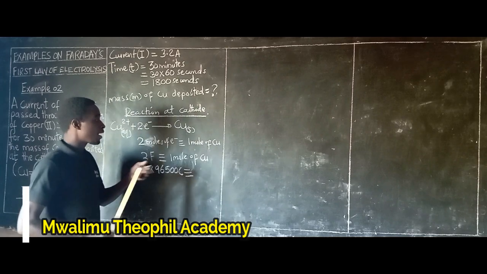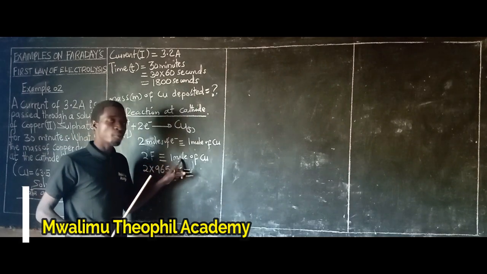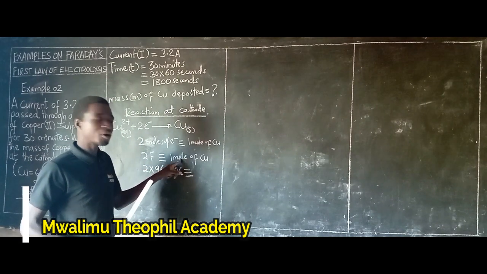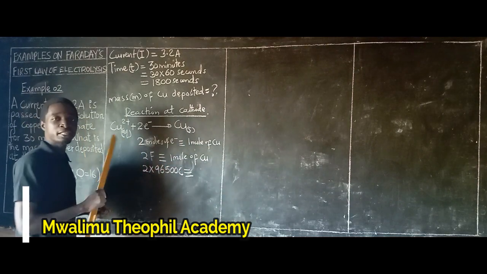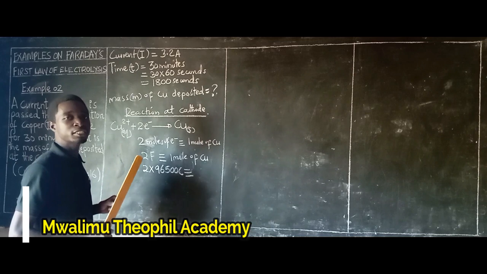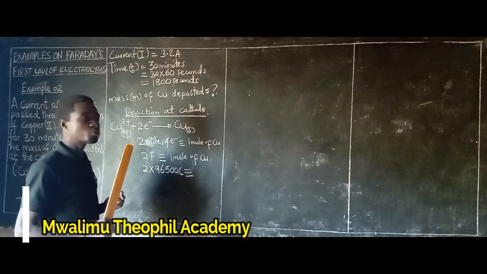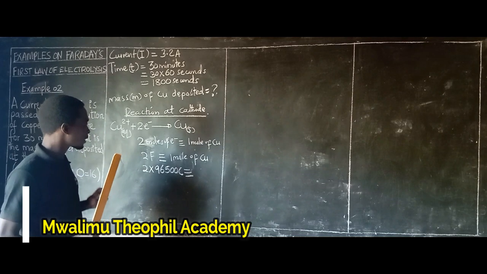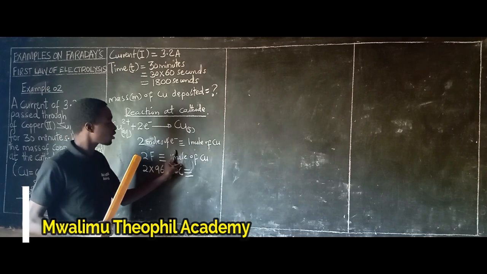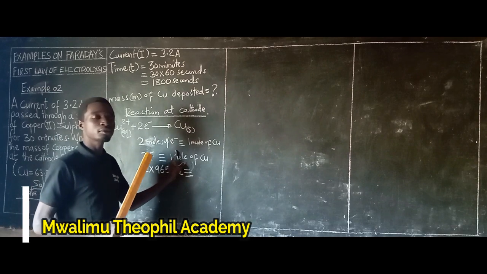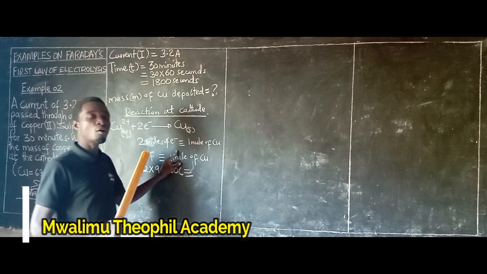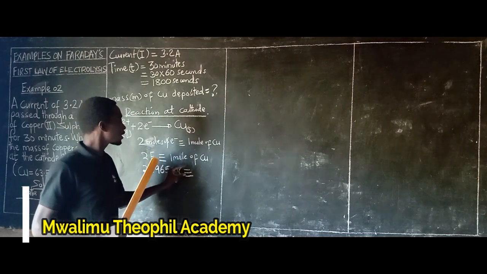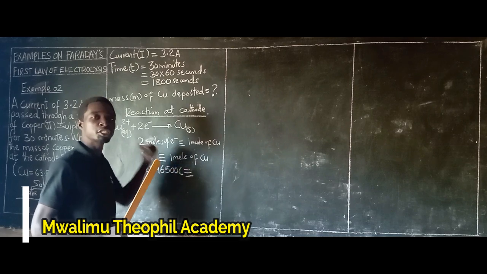But I am also going to convert this 1 mole of copper into mass, because we are required to calculate the mass of copper deposited at the cathode. So this mole can be compared with the equivalent mass, so as to relate the mass obtained with the particular mass which is asked.